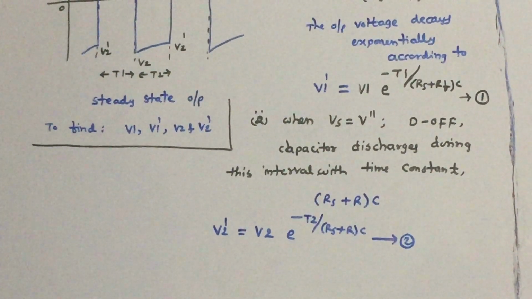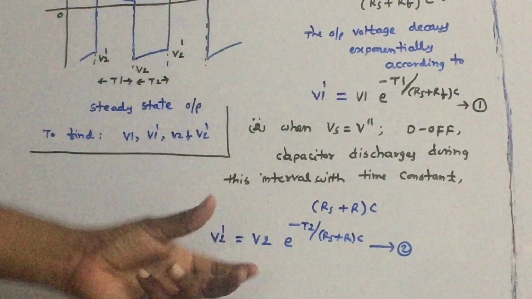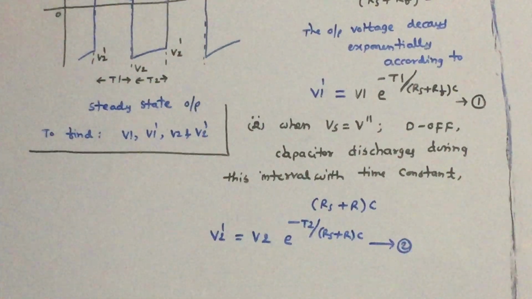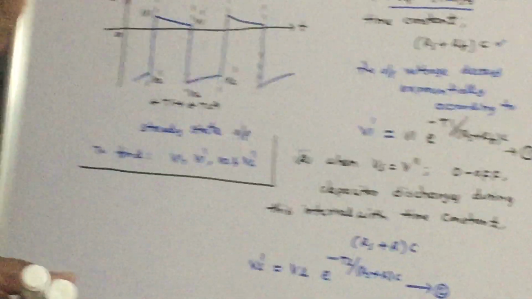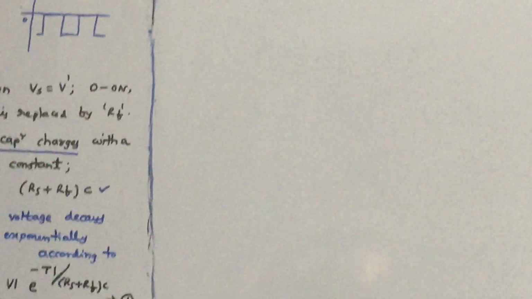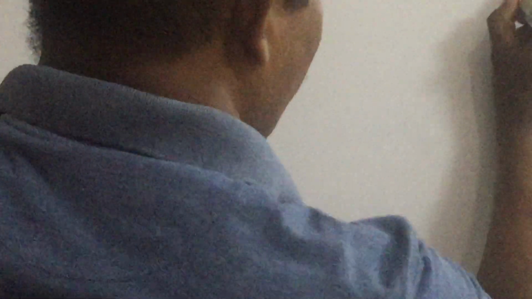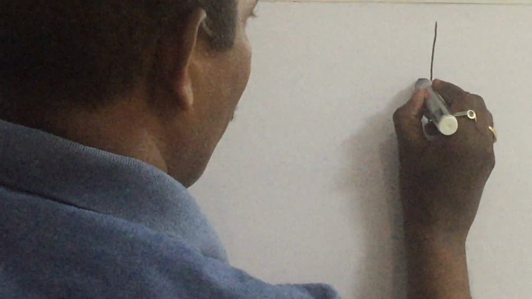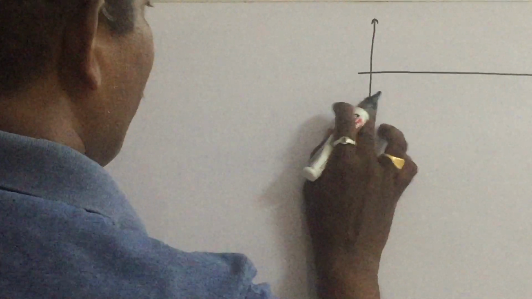So we have framed two equations, V1 dash and V2 dash. Now let us discuss the circuit in four cases: case 1, case 2, case 3 and case 4. Again I am drawing this waveform here. This is the input waveform which we have given to the circuit.